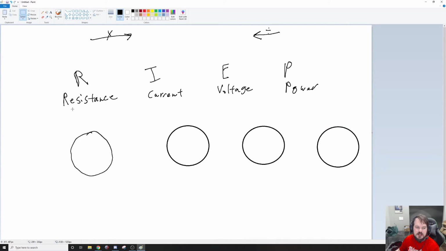Let's just delete that. Let's do some lines. I should have just copy pasted.